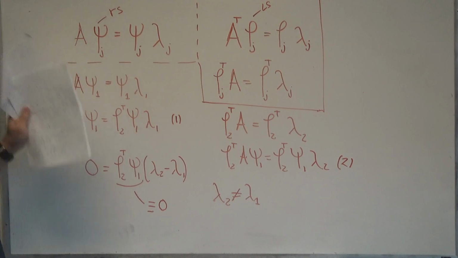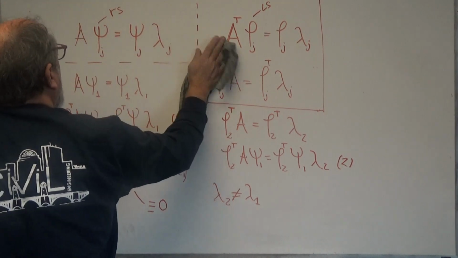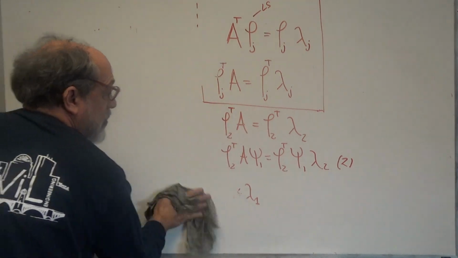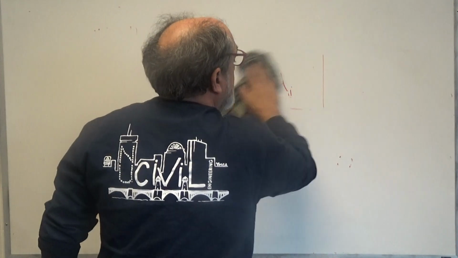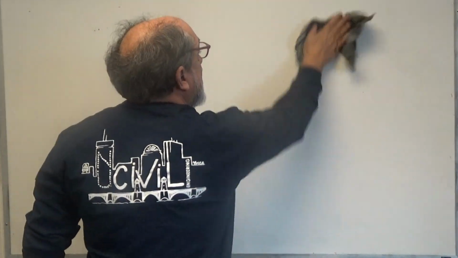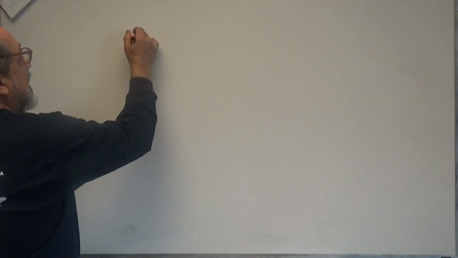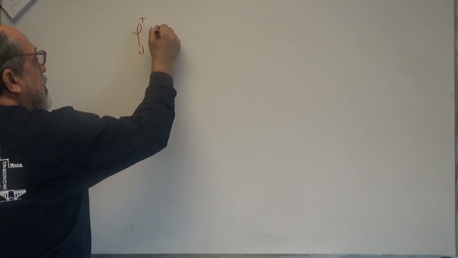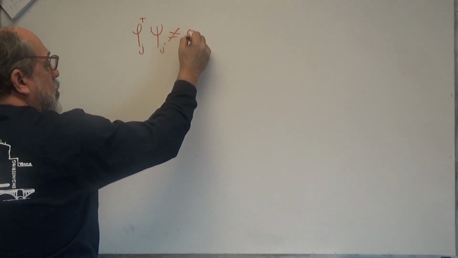Okay? Now, if we collect all the right side eigenvectors in a matrix, well, no, before that, I guess we can say that if the left side eigenvector j transpose is multiplied times the right side eigenvector j, that of course is not equal to 0, right?